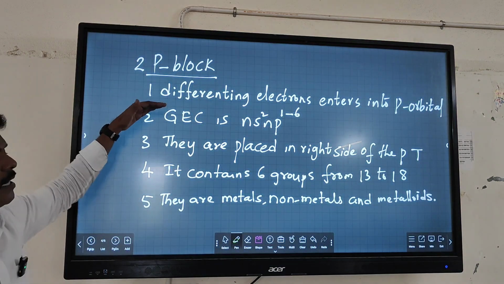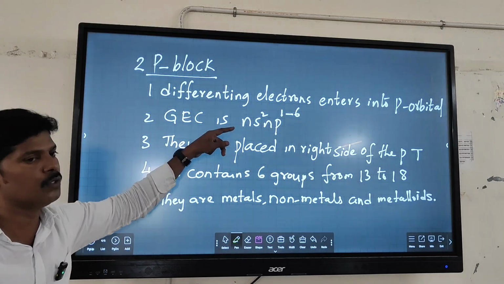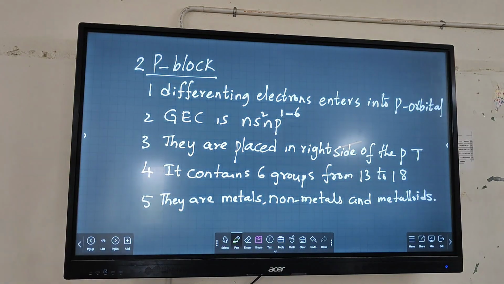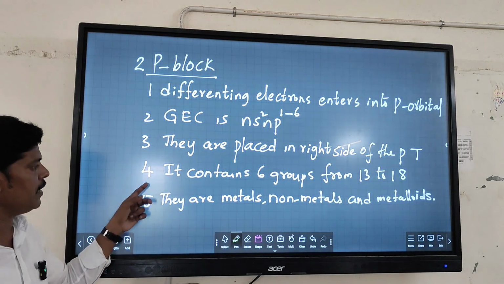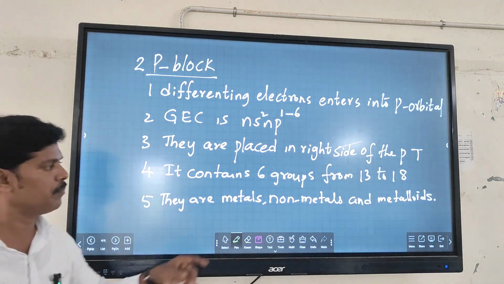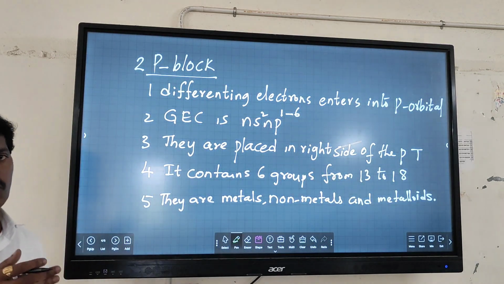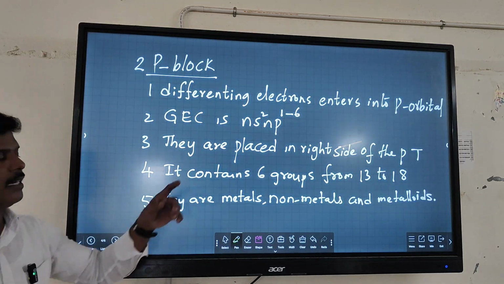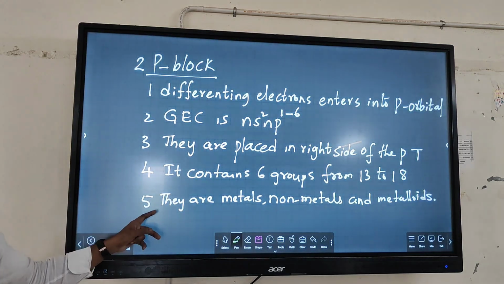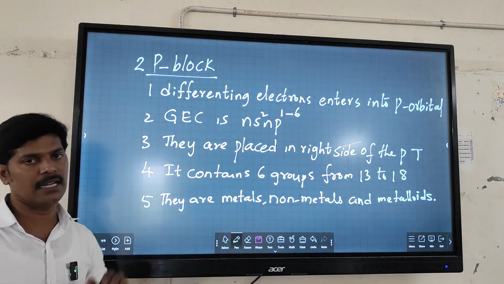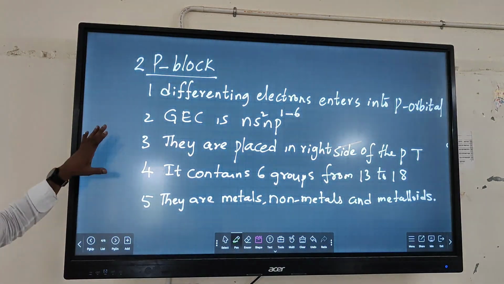Second point, general electronic configuration is ns2 np1 to 6. They are placed on the right side of the periodic table. The next one, it contains 6 groups from 13 to 18. The 13th group is the first group in P block and the 18th is the last group. Next one, they are metals, non-metals and metalloids. So these are the 5 points for P block.